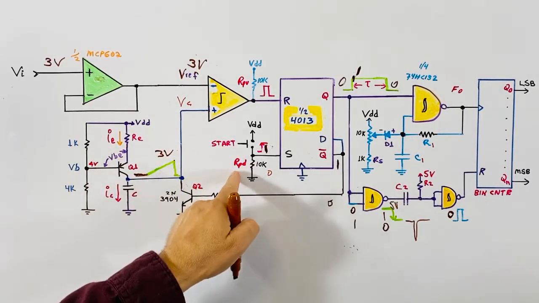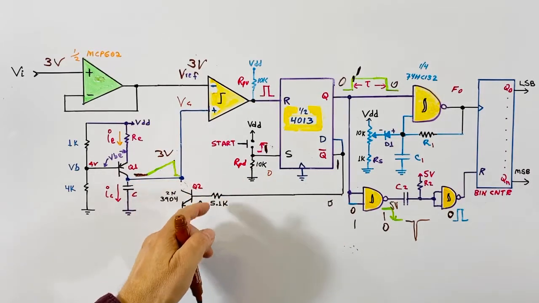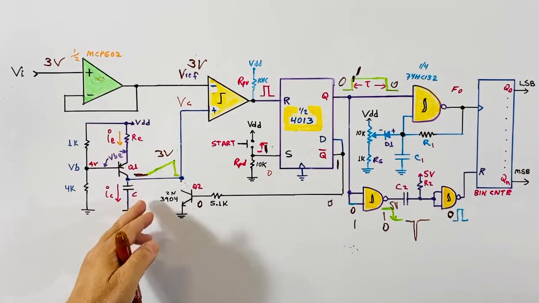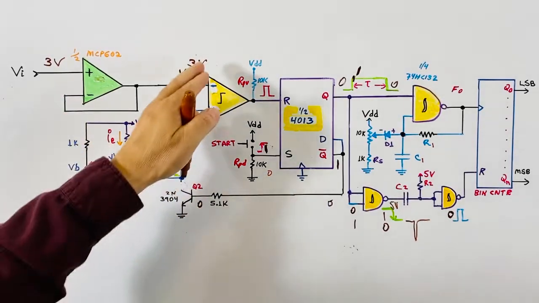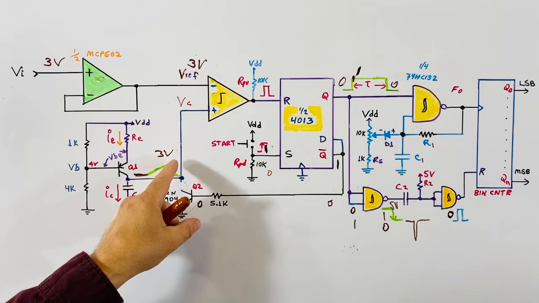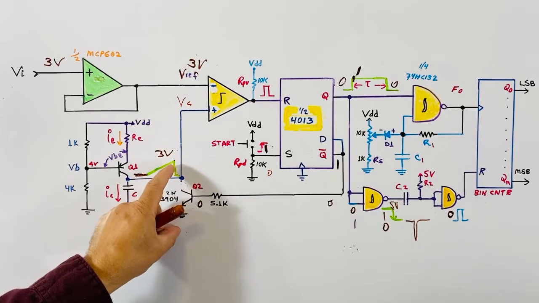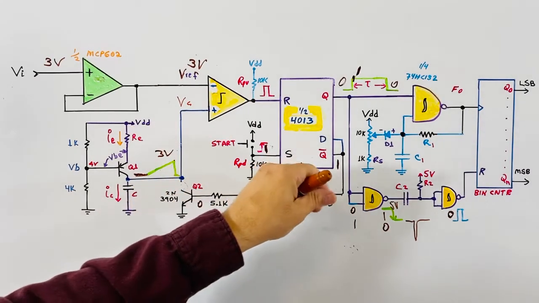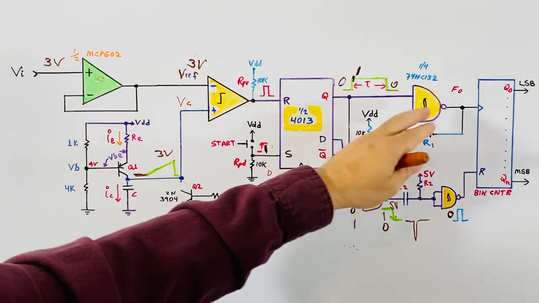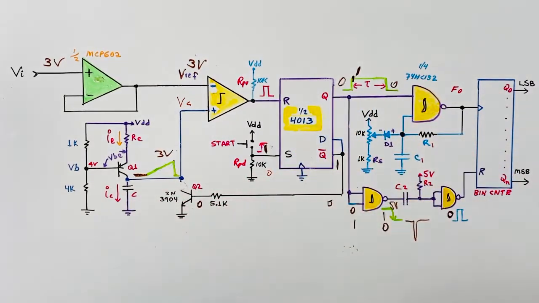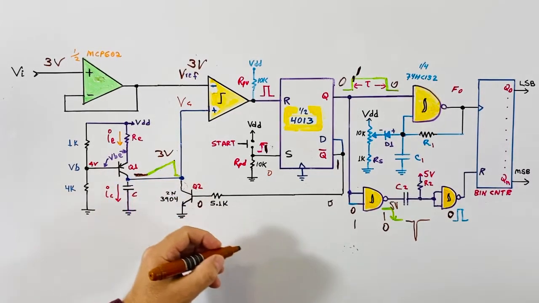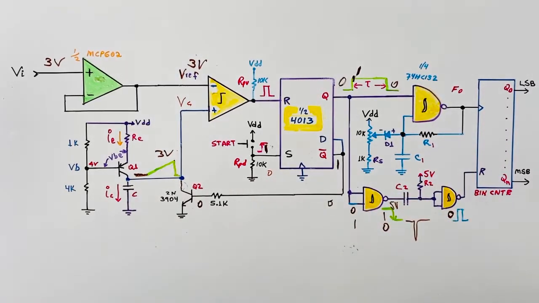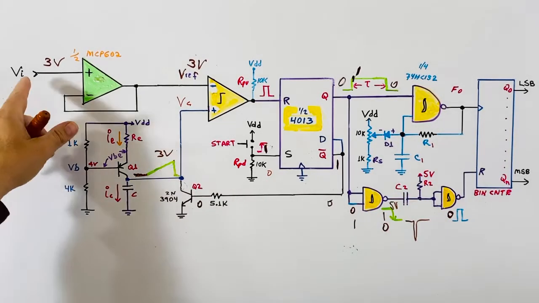When we pulse this, it goes open, the capacitor C starts charging, and when it reaches the same voltage that we are applying, 3 volts, the ramp will create a longer pulse here, so more pulses will be applied to the binary counter, and that will create a binary reading which is proportional to the voltage we are applying.